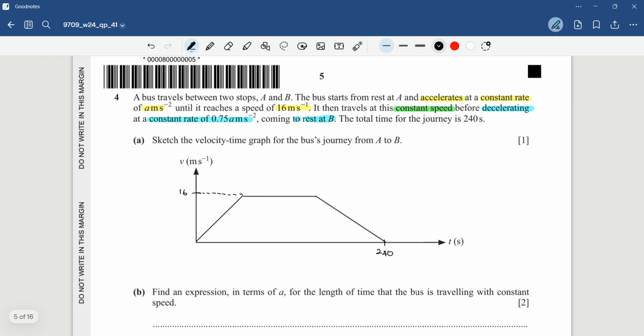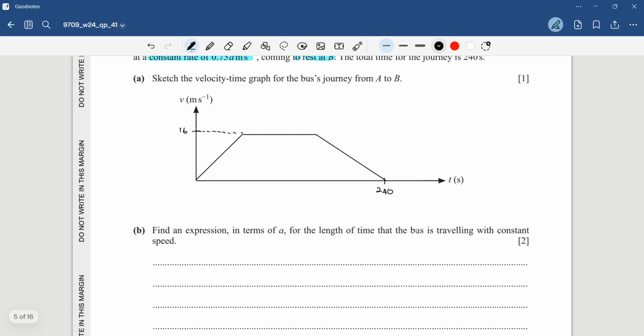So this gradient is higher value compared to this. So the gradient of my third segment must be slightly lower than the gradient of my first segment.